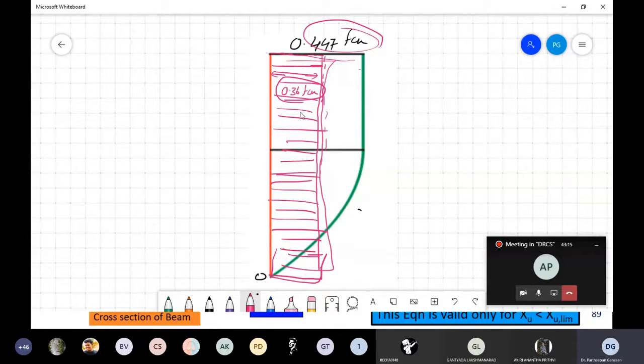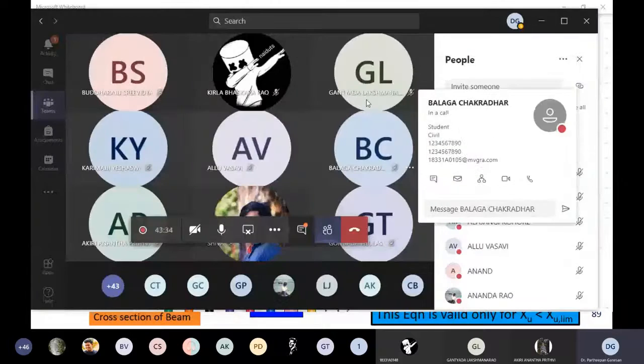This 0.36 FCK multiplied by XU into B will give you the total compressive force, 0.36 FCK XUB. Is that clear, everyone? This 0.36 FCK factor is the average stress in the limit state method for the entire neutral axis depth.